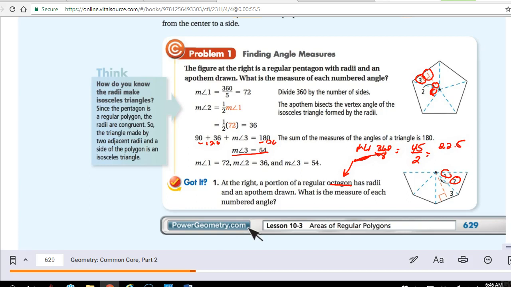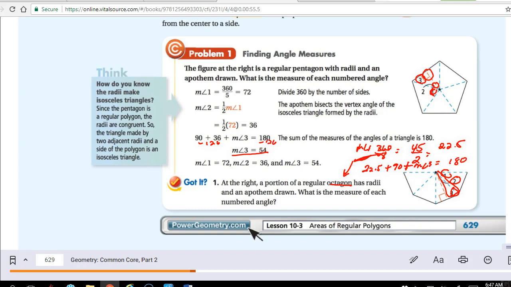For the same reason, to find the measure of angle 3 down here, this is a right triangle. If I know that one of the angles is 22.5 and the other one is 90, those three angles would have to add up to 180.